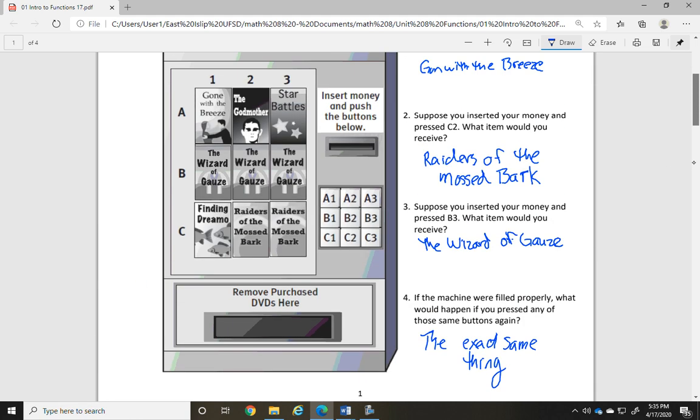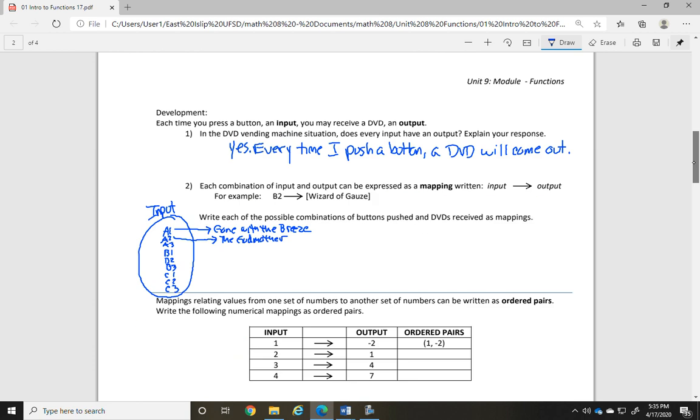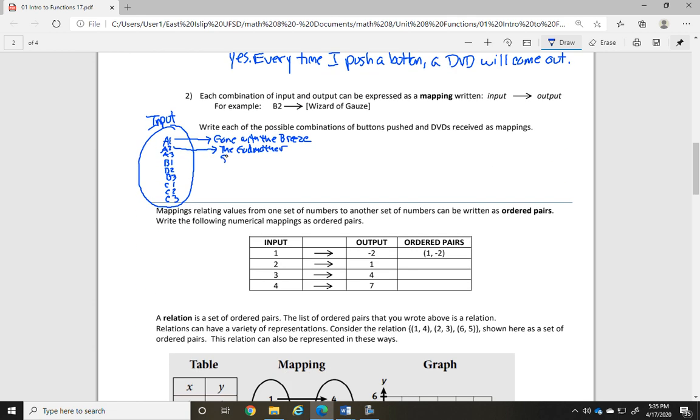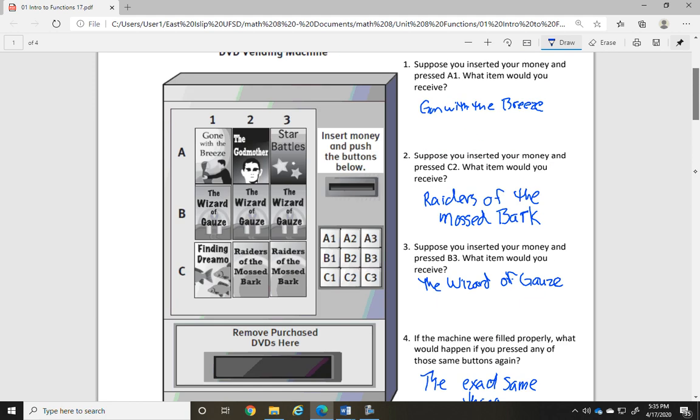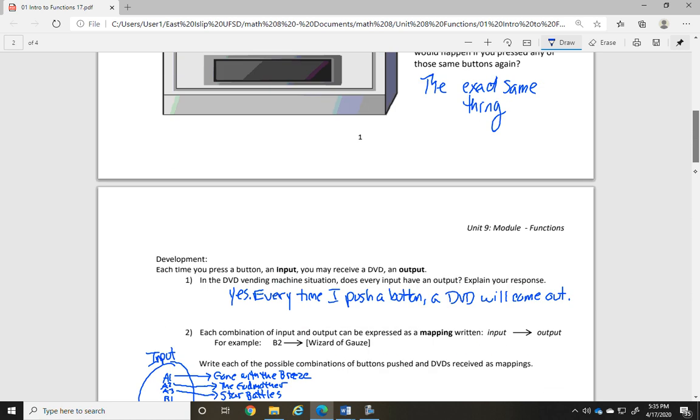A3, Star Battles. B1, Wizard of Gauze. B2 is also the Wizard of Gauze, and B3 is the Wizard of Gauze.